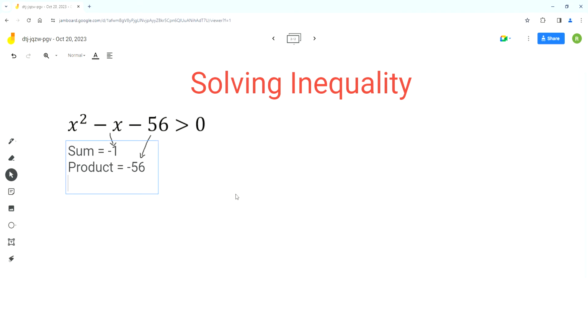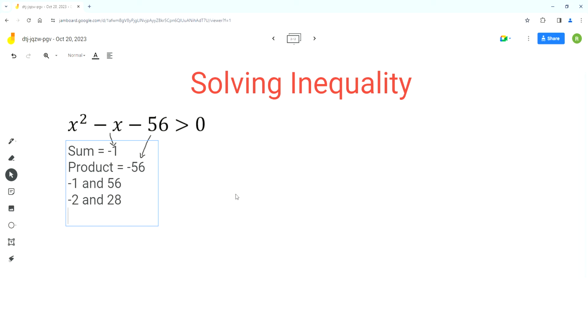So we have to think of two numbers that multiply to -56. The first pair that comes to my mind is -1 and 56, but it won't give us a sum of -1. The second pair that comes to my mind is -2 and 28, but again we cannot get a sum of -1 from it.